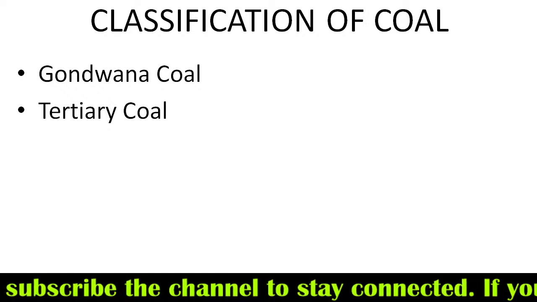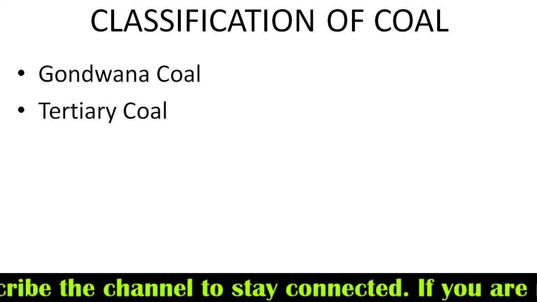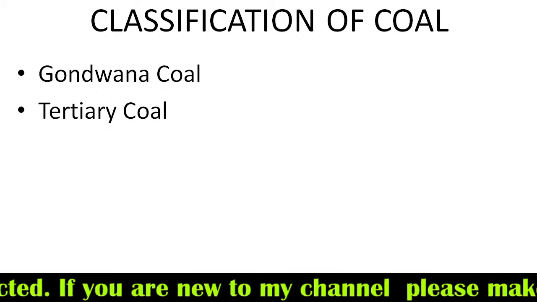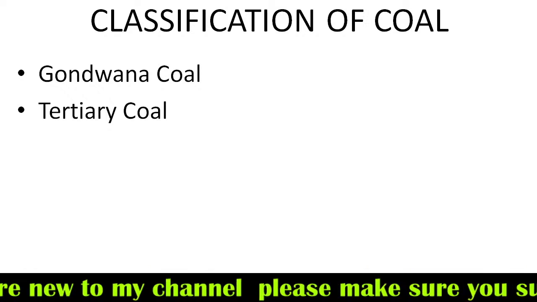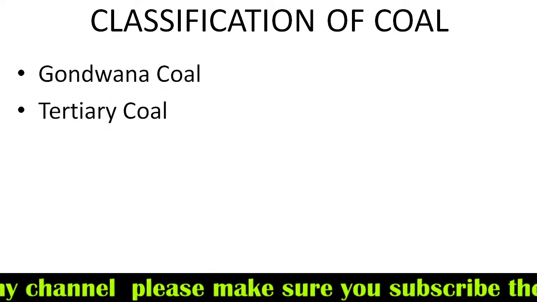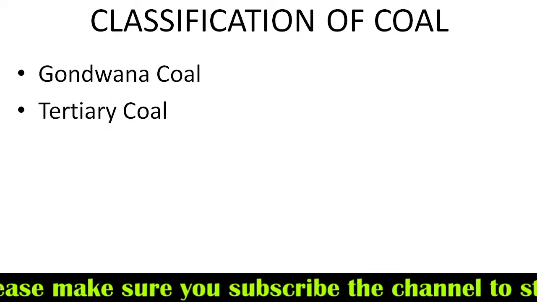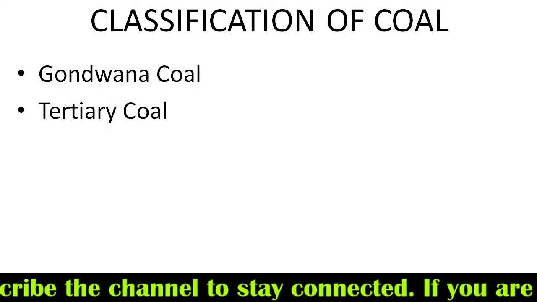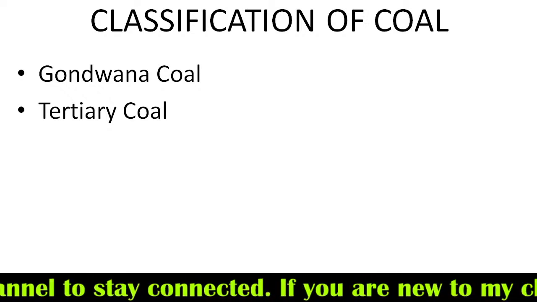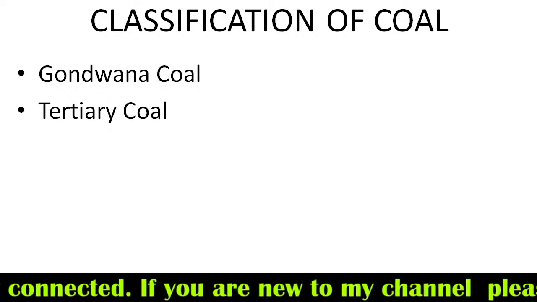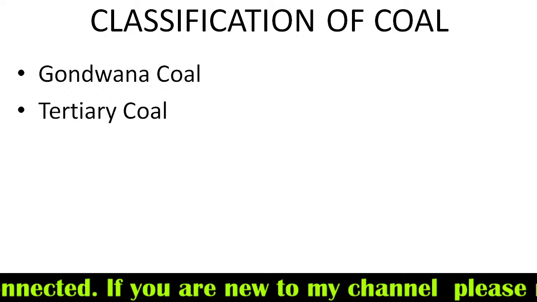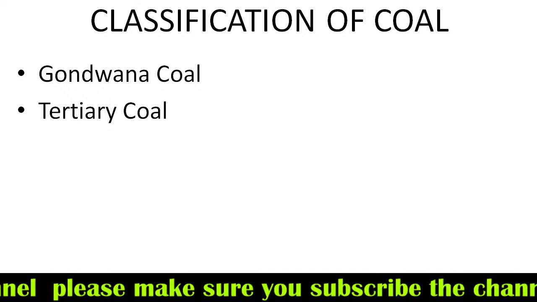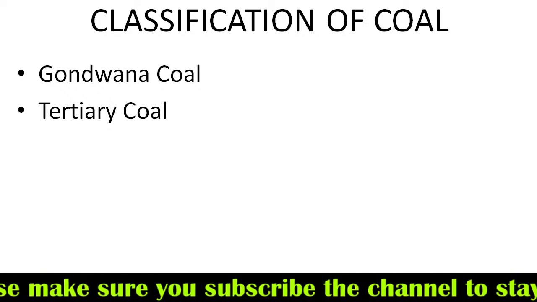These are limited to parts of Northeast India like Assam, Nagaland, Arunachal Pradesh, Meghalaya, and few other parts of Kerala, Tamil Nadu, etc. Unlike the Gondwana coal, tertiary coal generally has high sulfur percentage. This is a point to be noted.